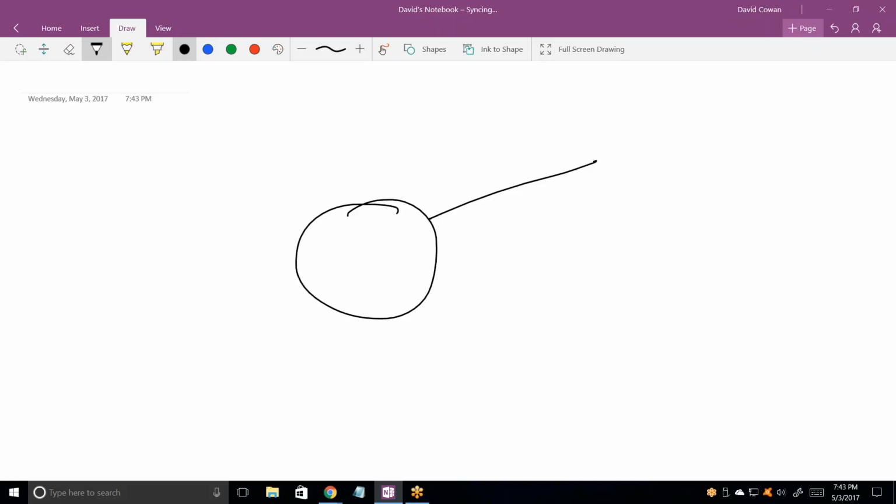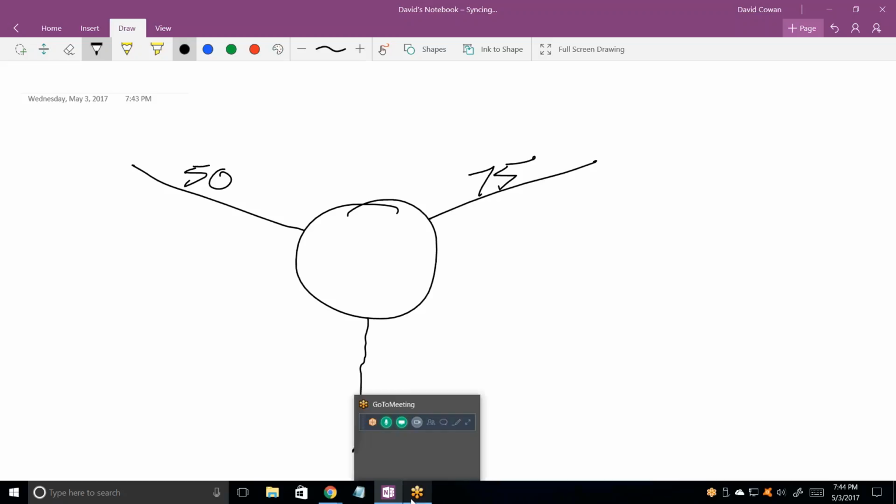Okay, you got somebody tugging on it in that direction, you got somebody tugging on it in that direction at 50 pounds of force. This person's stronger, he's pulling out 75 pounds of force. And the question is what pounds of force have to be in that direction so that the ball does not move?